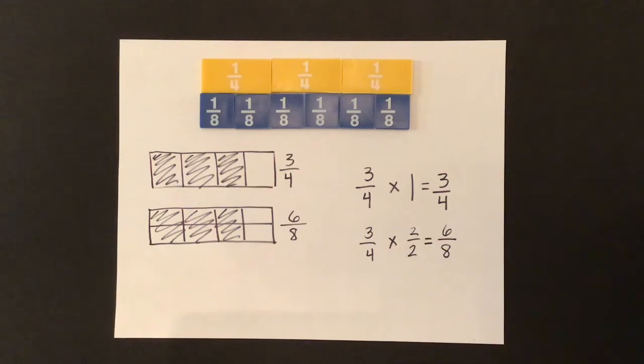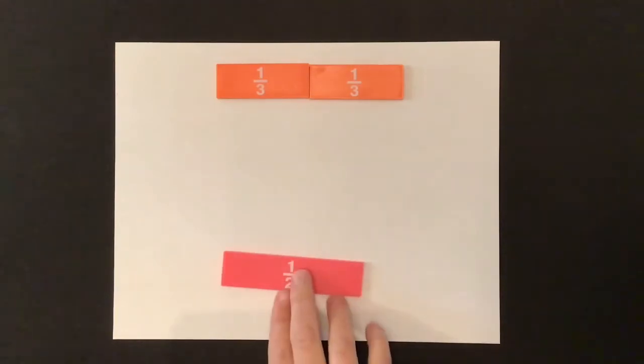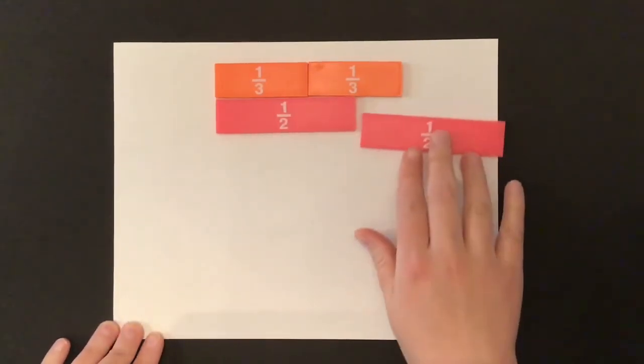Let's look at a different example. Our next example is with 2/3. I can check to see if 1/2 is equivalent. We know that 2/3 is not equivalent to a whole.